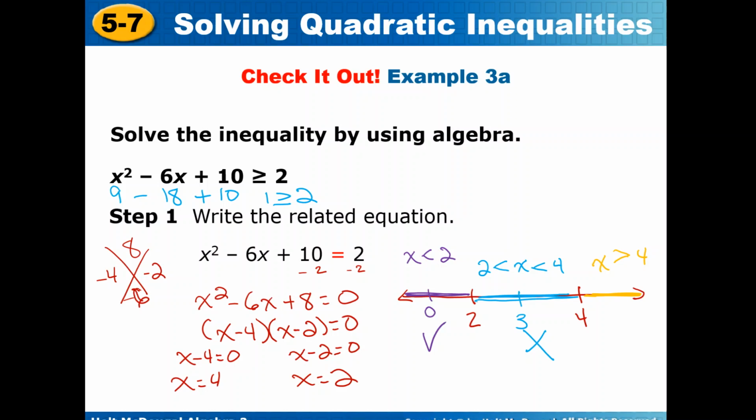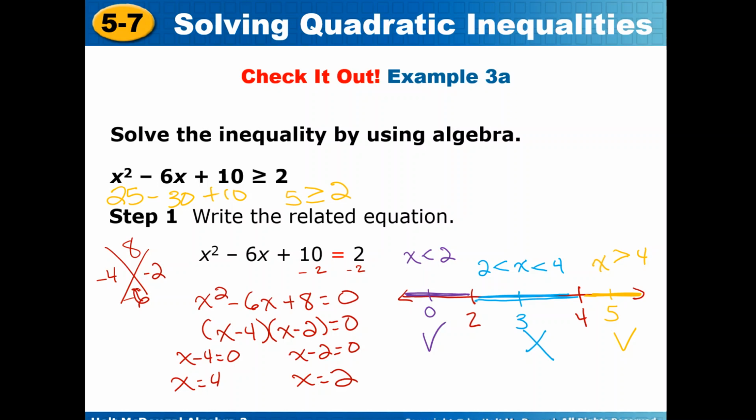And finally, we're going to test x is greater than 4. So let's choose 5. Again, I'm going to go ahead and put my points in. 5 squared is 25 minus 30 plus 10. Okay, 25 minus 30 is -5, plus 10 is +5. Is +5 greater than or equal to 2? Yes, it is.